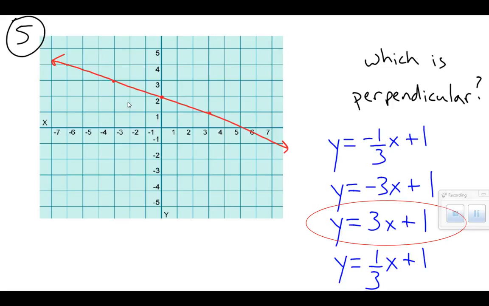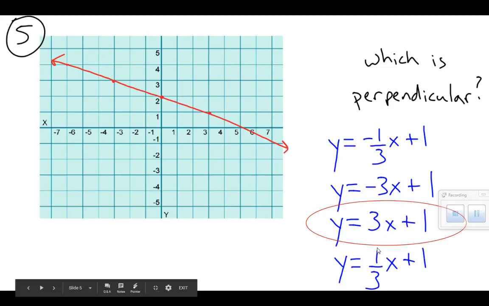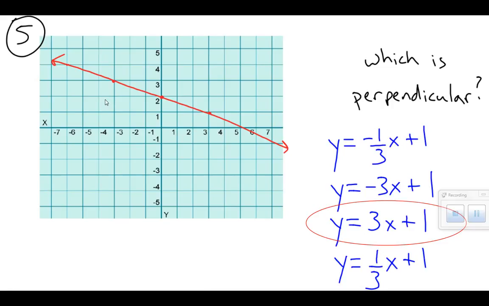So if I take that negative 1 over 3 slope and flip it and then do the opposite, it's going to be positive, with positive 3 on top, 1 on the bottom. The only one that has positive 3 is this choice right here, 3x plus 1. That 3 over 1 is the opposite reciprocal of the slope of this line.